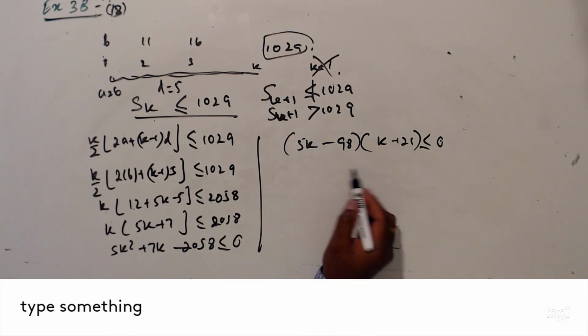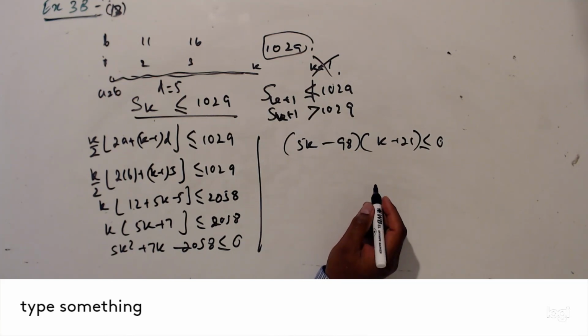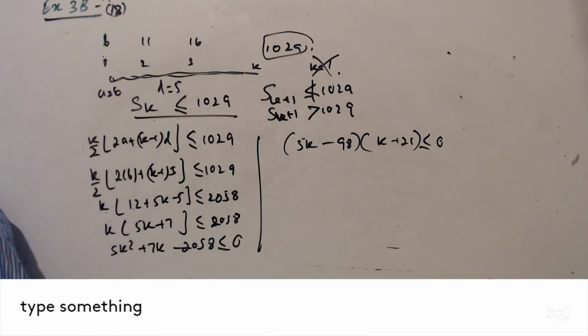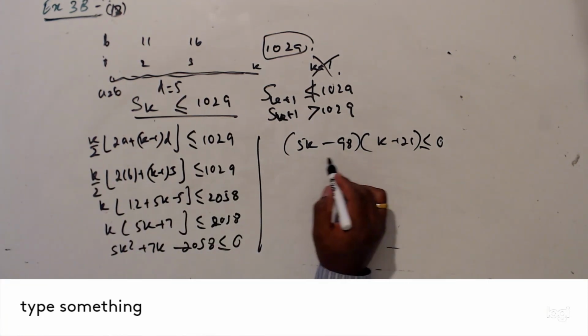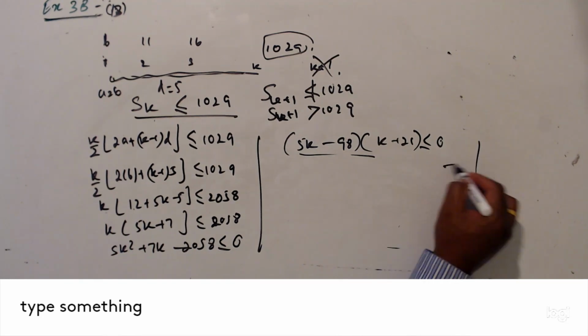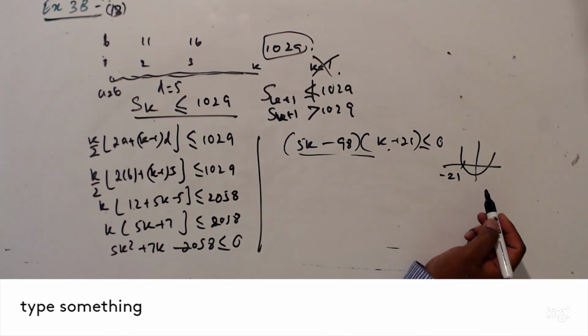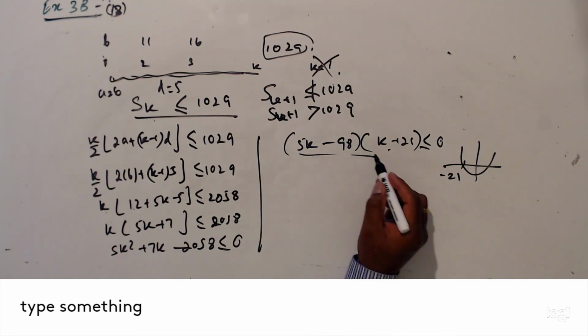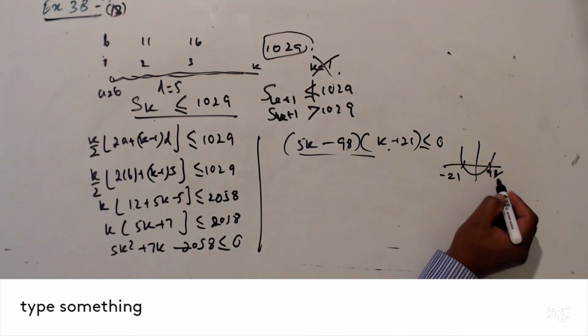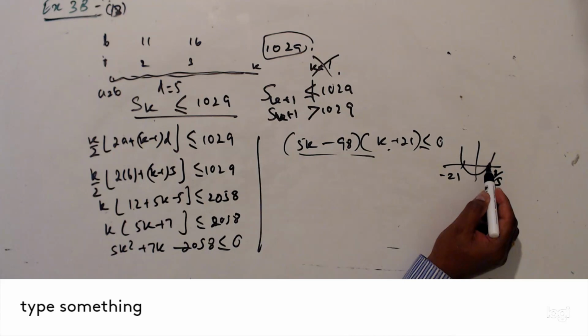Now we have to solve this inequality. This is a quadratic, and you can see the roots should be minus 21 over 5, and 98 over 5.